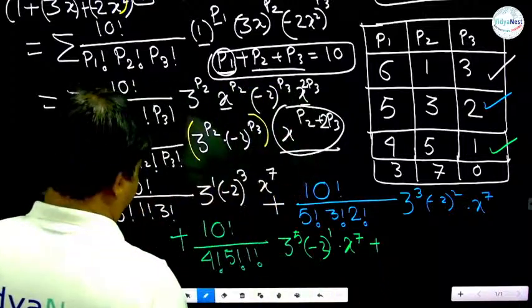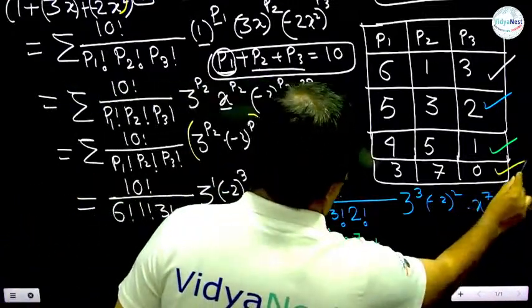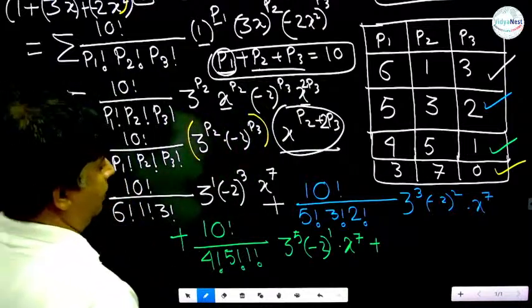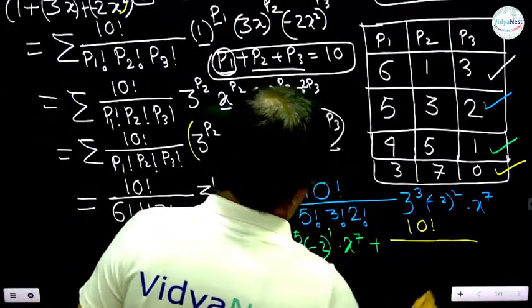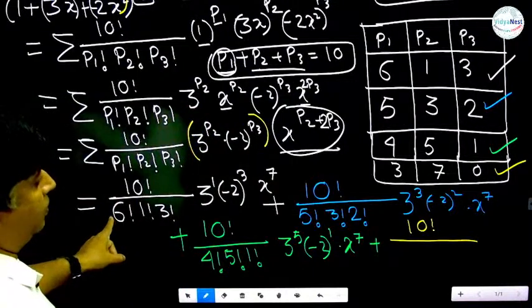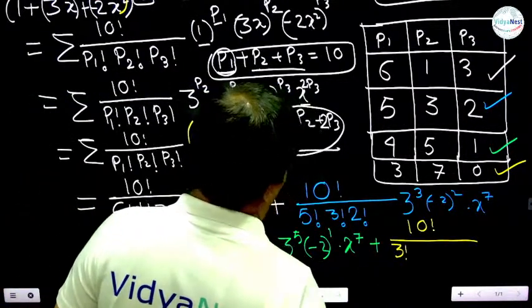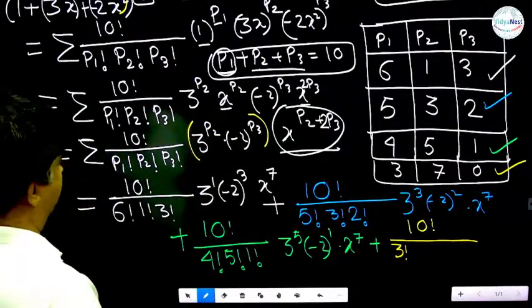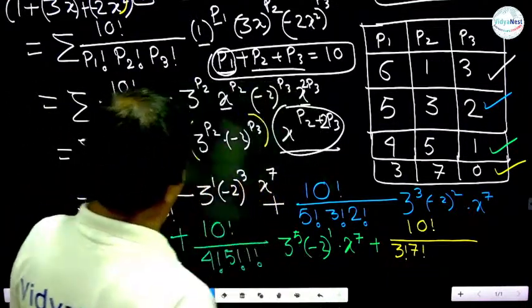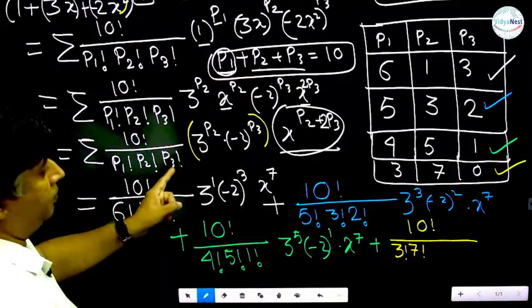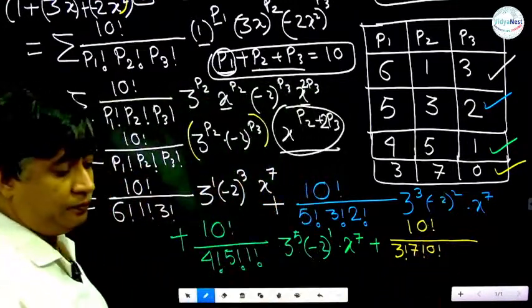Last, this part: factorial 10, factorial P1, factorial 3, factorial 7, factorial 0. Factorial 0 is always 1, you know.